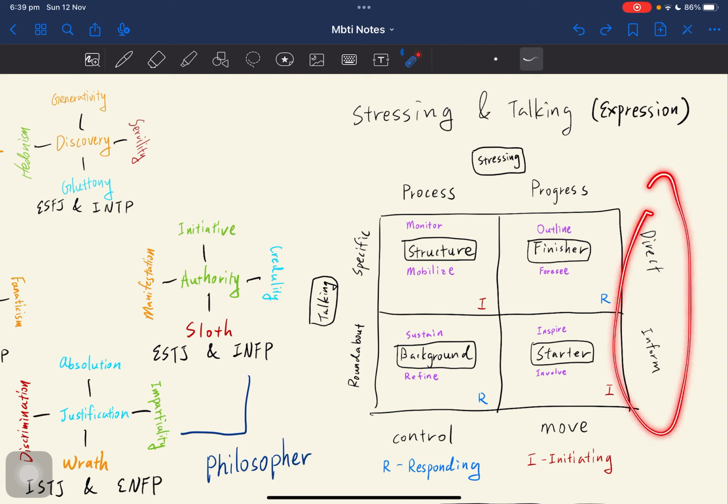And this one, direct versus inform. For these two types, they are talking very directly, obviously, and they are trying to be very precise in what they say.